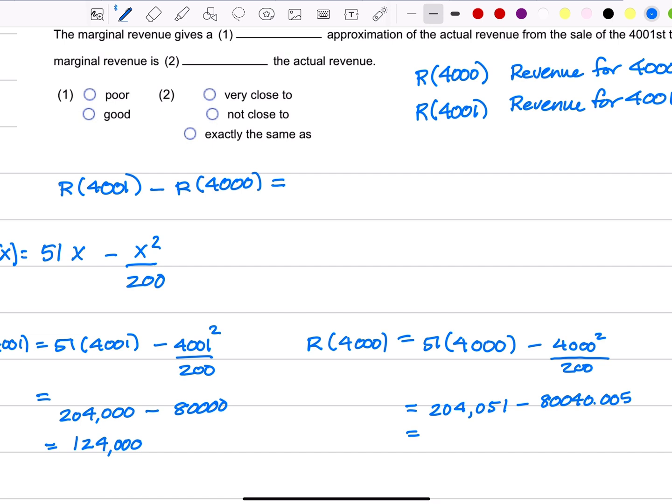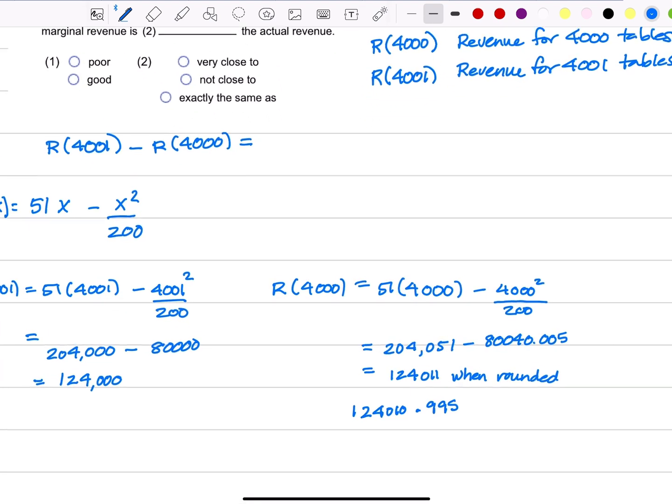And when you do that, it comes out to 124,000. They said do it to 2 decimal places, but you get something like 124,010.995. So if you round up, that's going to make that go all the way up to 124,011.